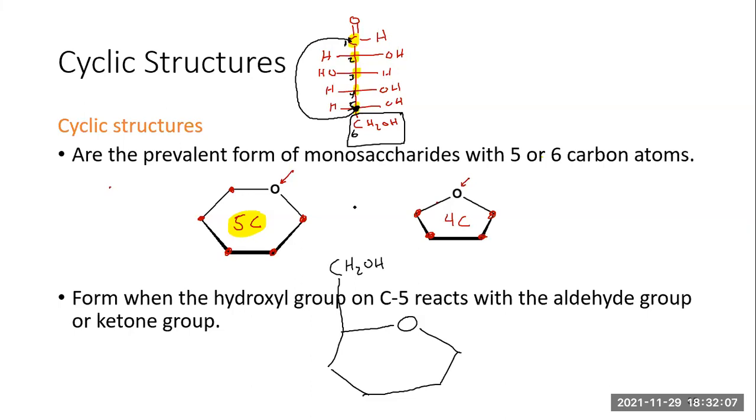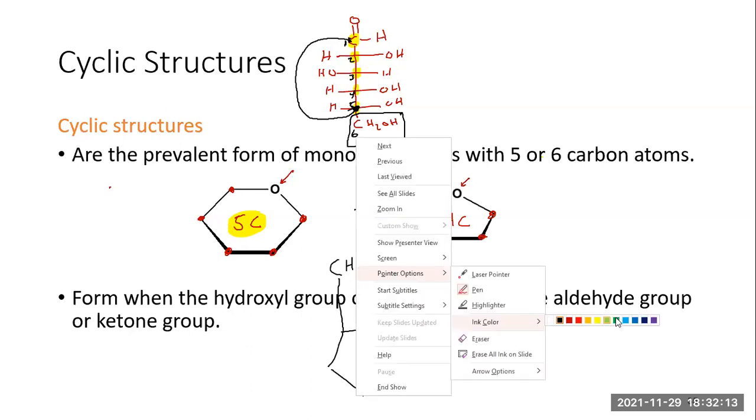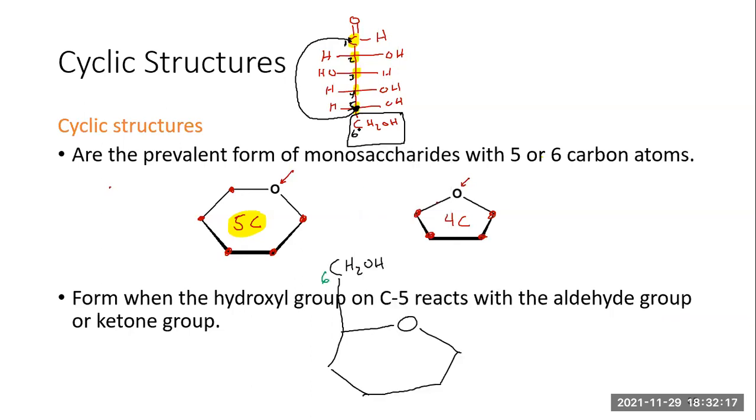What we could do with that is a really good piece of information, because we could see from our original structure that this is carbon number 6. We can see that as carbon 6. And now we could actually number the ring going counterclockwise, coming down.